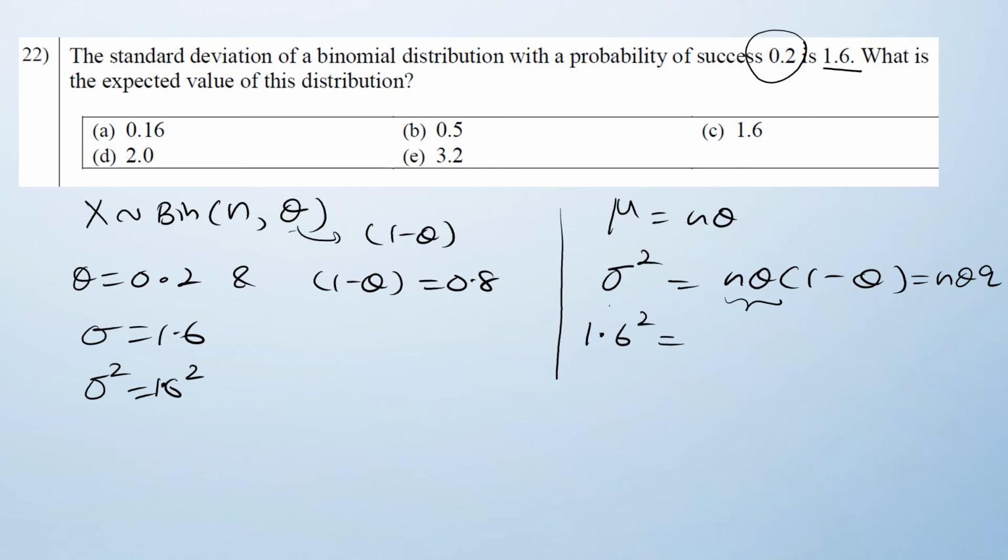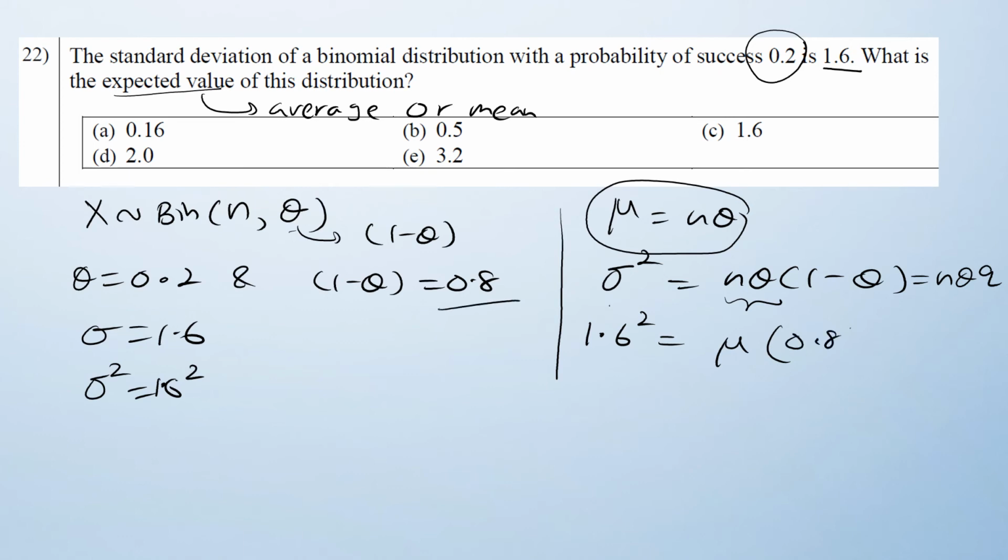N theta is replaced by mu, and that's what we need to find, the expected value, also known as the average or mean. 1 minus theta can be replaced by 0.8. So mu is equal to 1.6 squared over 0.8, that is equal to 3.2. So the answer is E only.